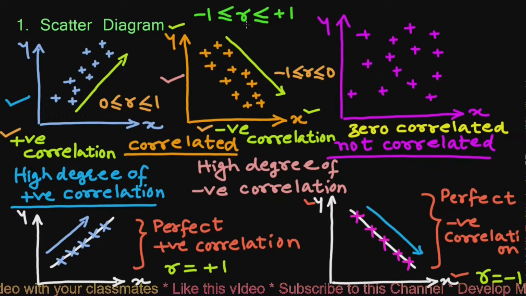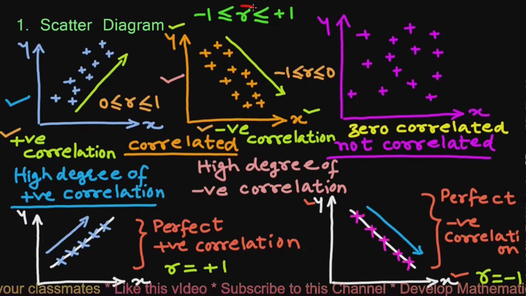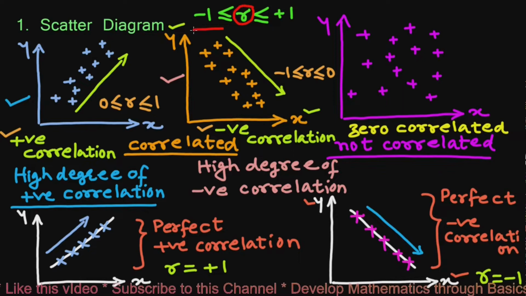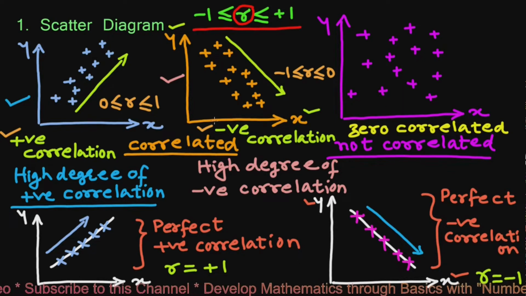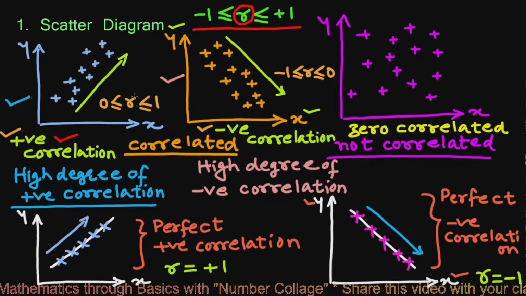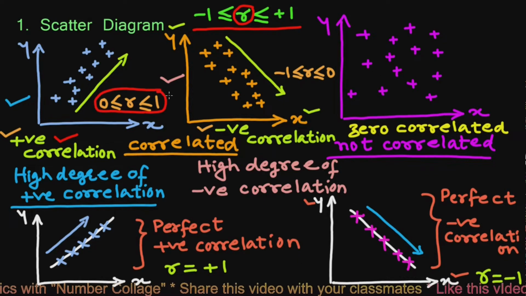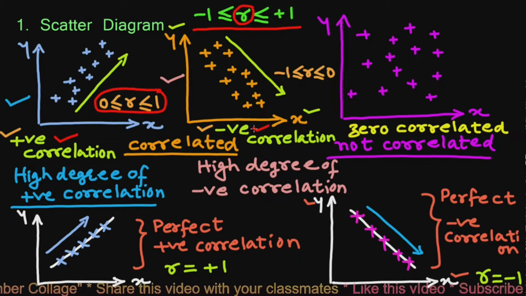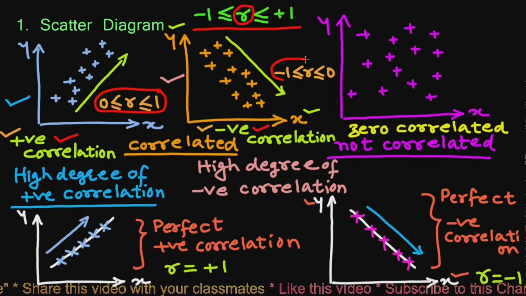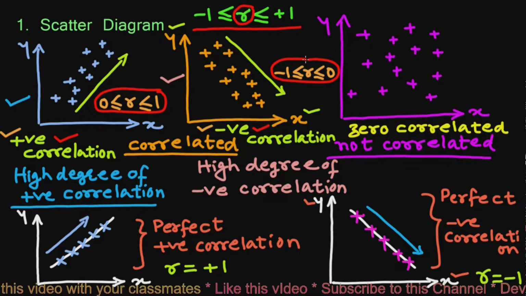The value of the correlation coefficient R lies between -1 and +1. For positive correlation, the value of R lies between 0 and 1, and for negative correlation, the value of R lies between -1 and 0.